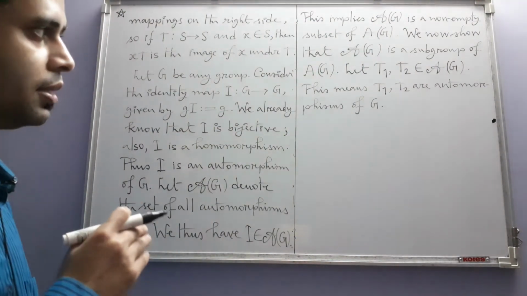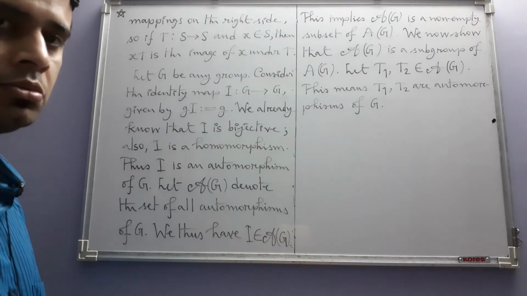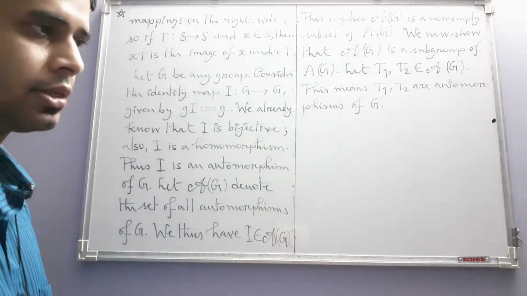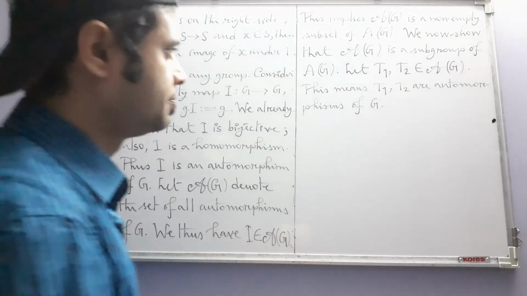We know that when we take the composition of two bijections, then that is again a bijection.